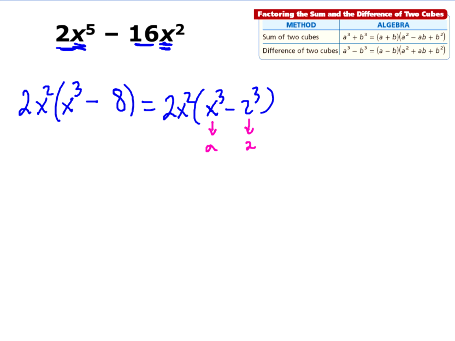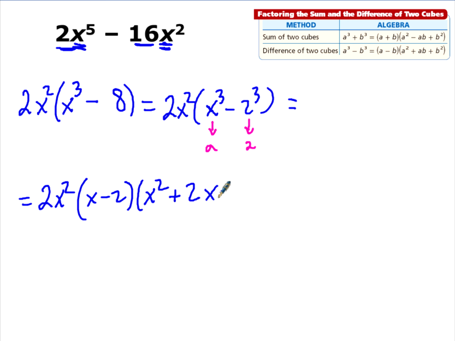So using the formula for difference of cubes, we can rewrite this whole thing as 2x squared times. Now let's see what the formula says. a minus b, so x minus 2, times a squared, so that means x squared, plus ab, which means plus 2x, plus b squared, which is 2 squared, so plus 4.